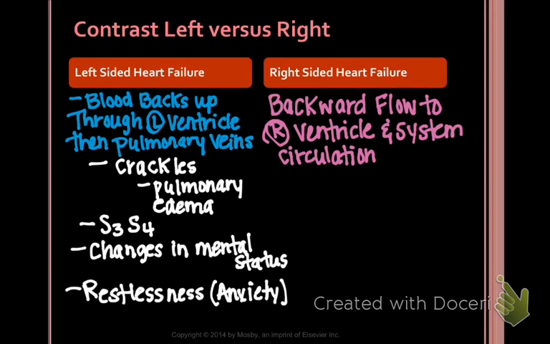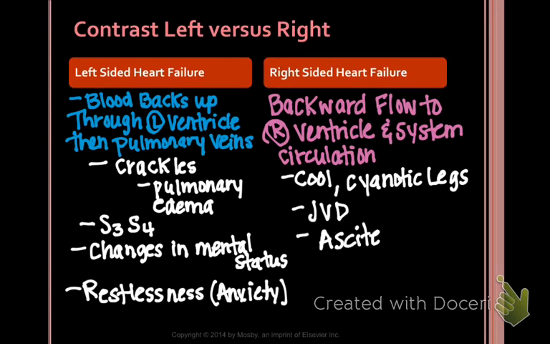Cool, cyanotic legs. You're going to have jugular vein distension, ascites, hepatomegaly.